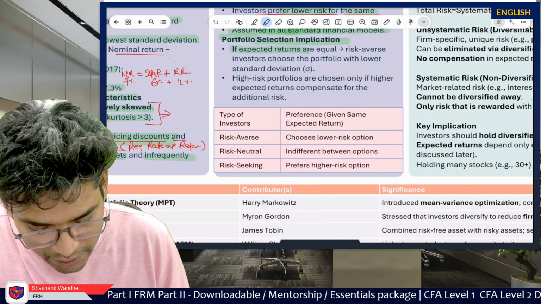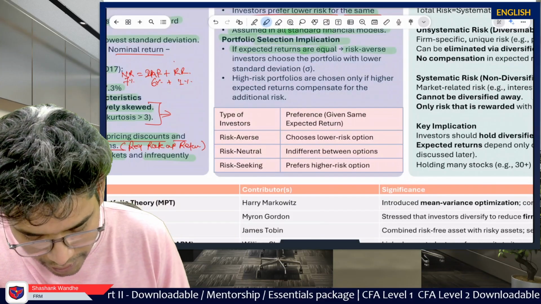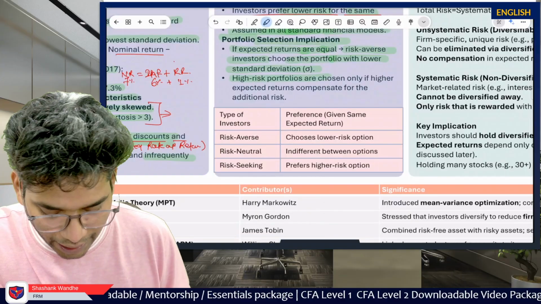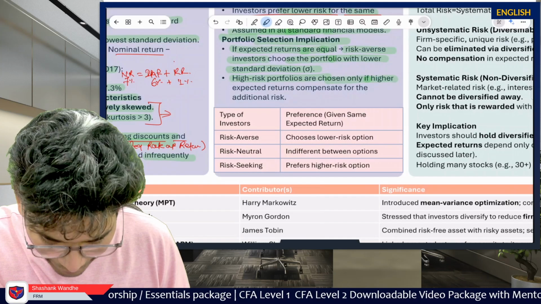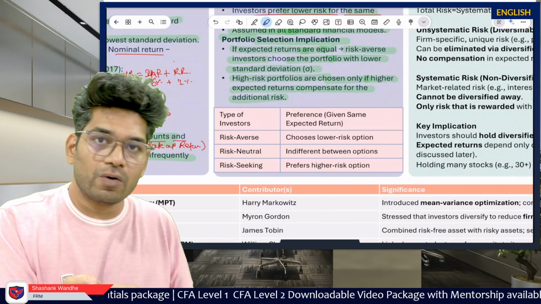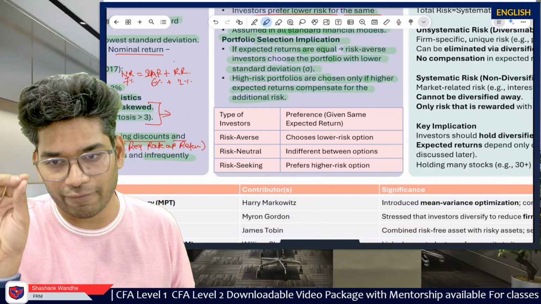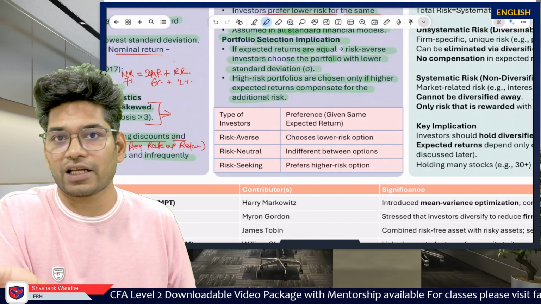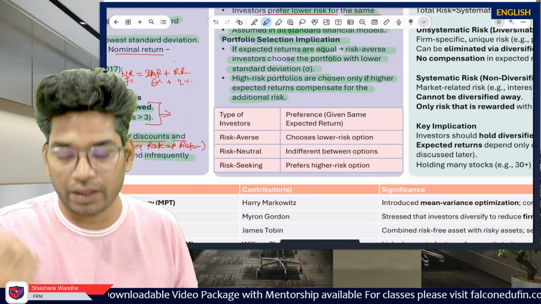If the expected returns are equal, a risk averse investor will choose the portfolio with the lower standard deviation, and higher risk portfolios are chosen only if the higher expected return compensates for the additional risk. How much compensation there should be is not part of our discussion. Just remember, to motivate a risk averse investor to take the additional risk, you have to offer higher returns.